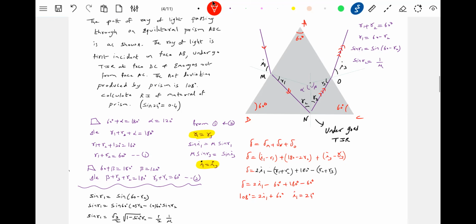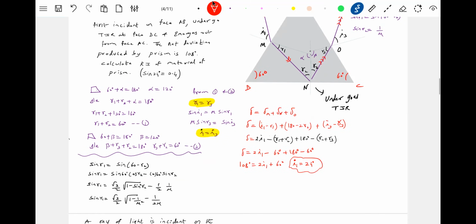After getting I1, now R1 is needed. So much of calculation, I don't have place here. I'll come back to this equation.